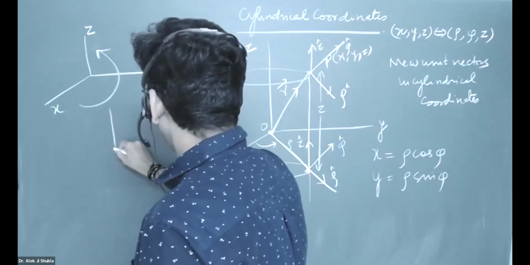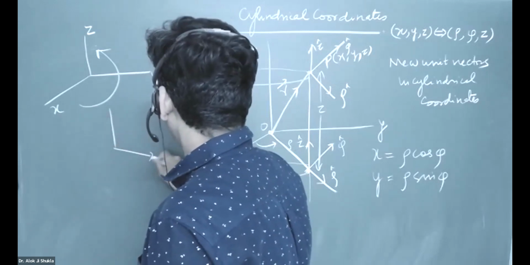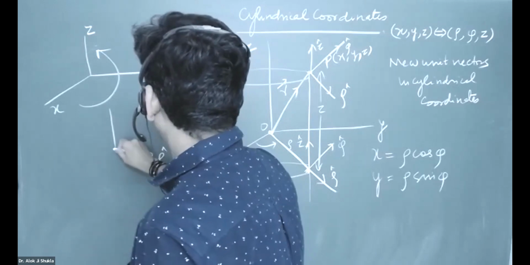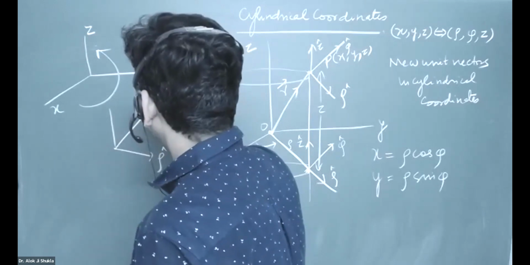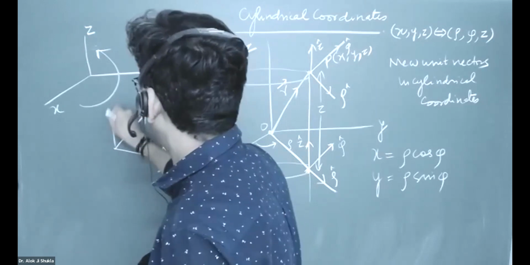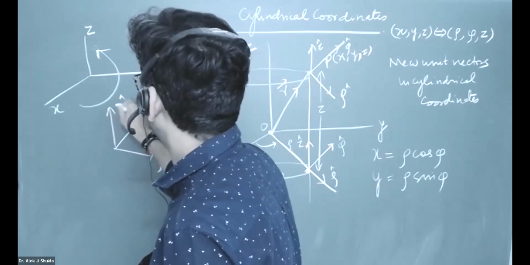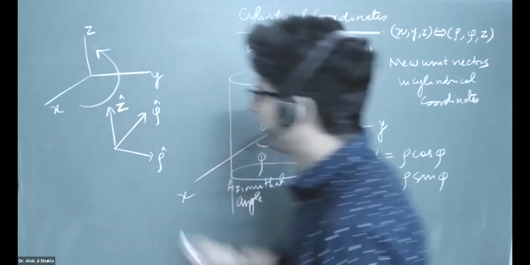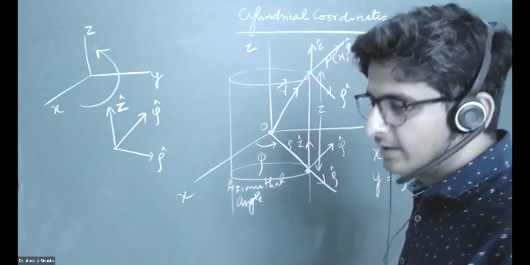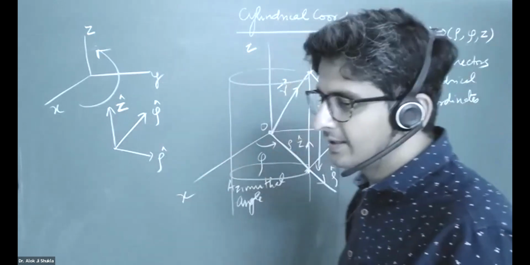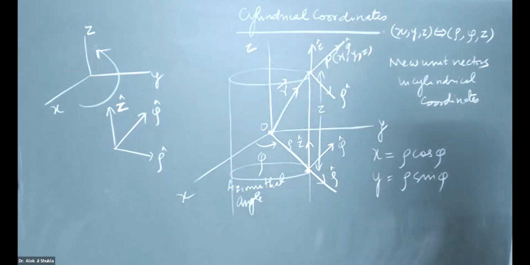So it is rho like here, rho cap, and phi cap is like this, and this is z cap, like this. Can you imagine all these three perpendicular, rho going perpendicularly inside the board? Yes, sir.